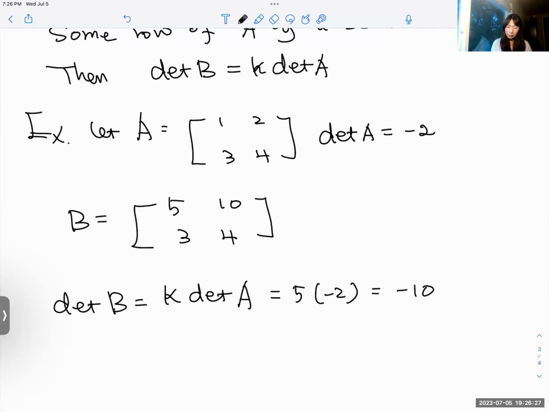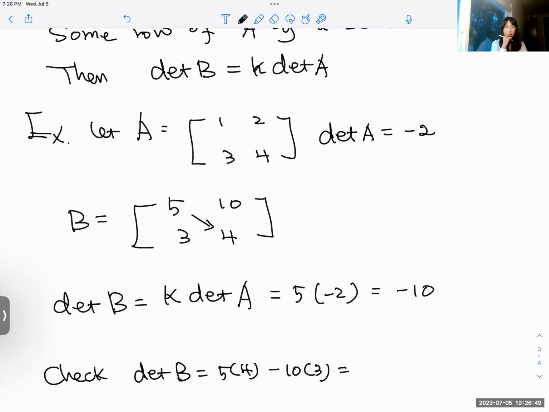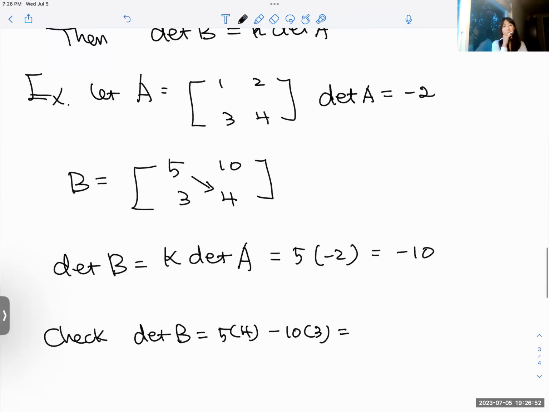So let's check that. Check the determinant of B. Okay, so we multiply this way: 5 times 4 minus 10 times 3. What do you get? Negative 10.